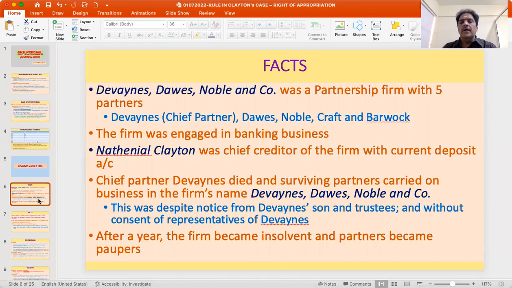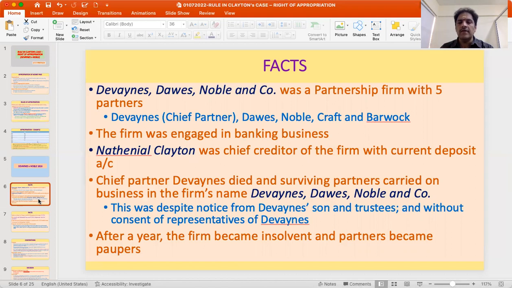Then the chief partner Devines died and the surviving partners carried on the business in the firm's name, that is Devines, Daves, Noble and Co. This was in spite of Devines' sons and the trustees of Devines' estate indicating to the partnership firm that they don't want it to be continued and they don't want the usage of the name to be continued.